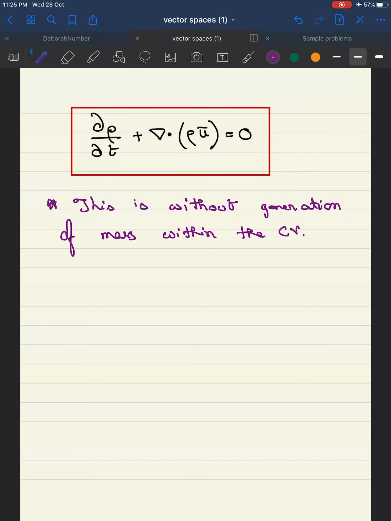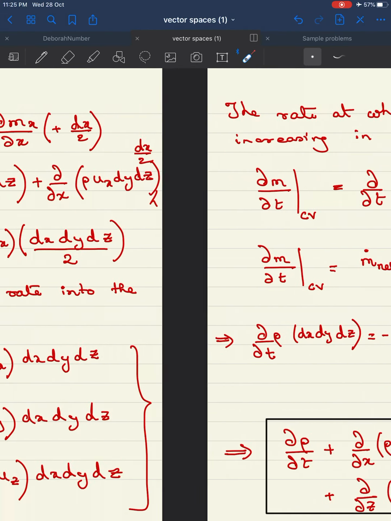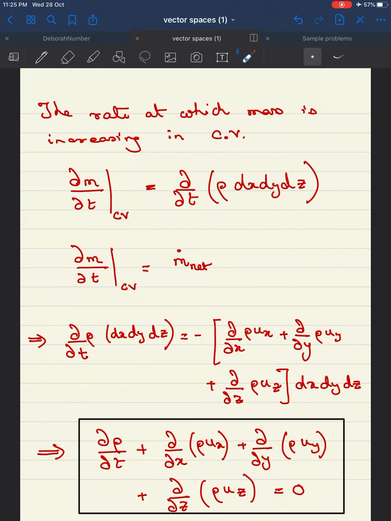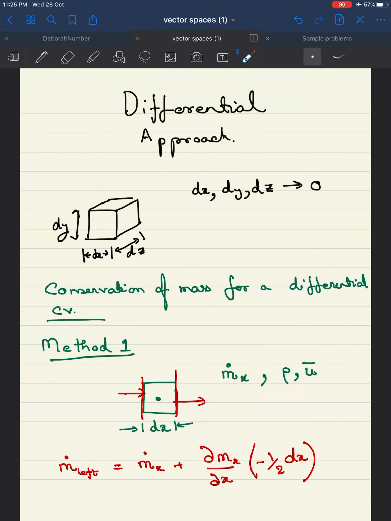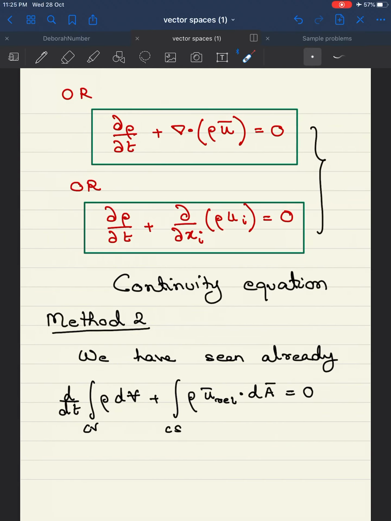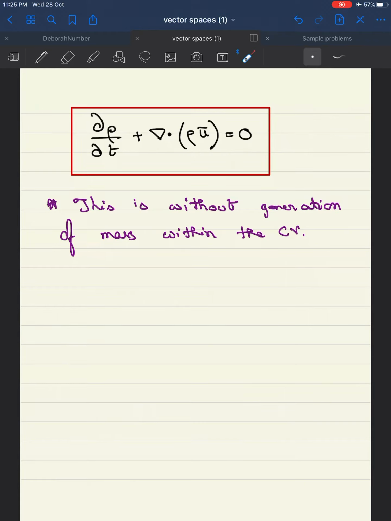If you have a source term, then you have to add that together, because remember when we were arguing that the rate at which the mass is increasing has to be equal to the mass that is coming in through the sides, it is not accounting for the fact that there might be mass generation within the control volume itself due to some activity, which is generally true. I mean, there are not many situations where mass can be generated.